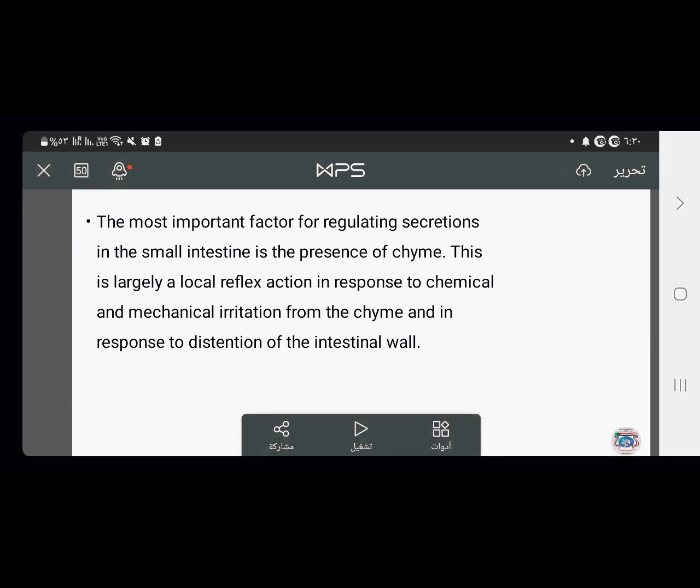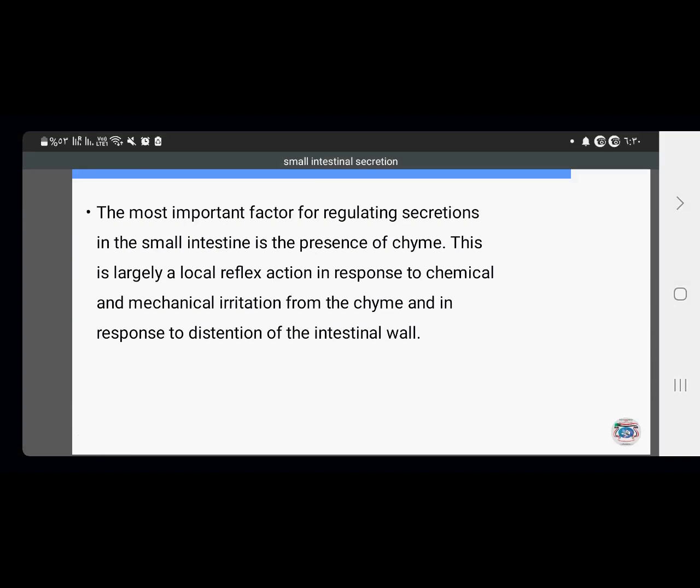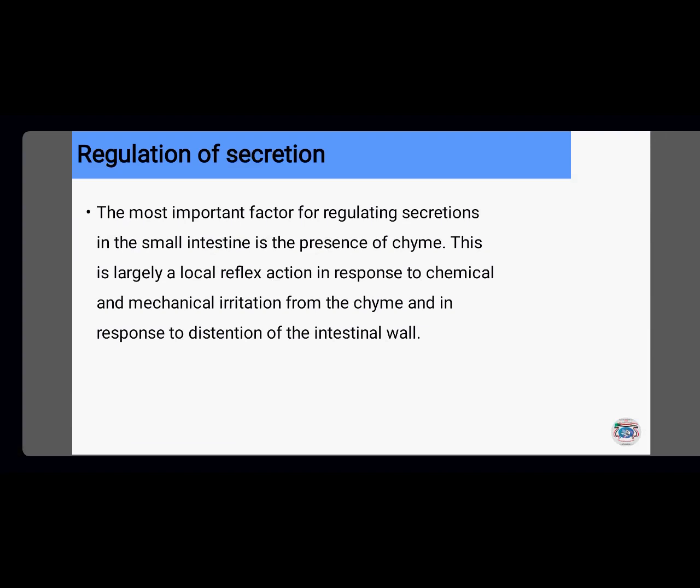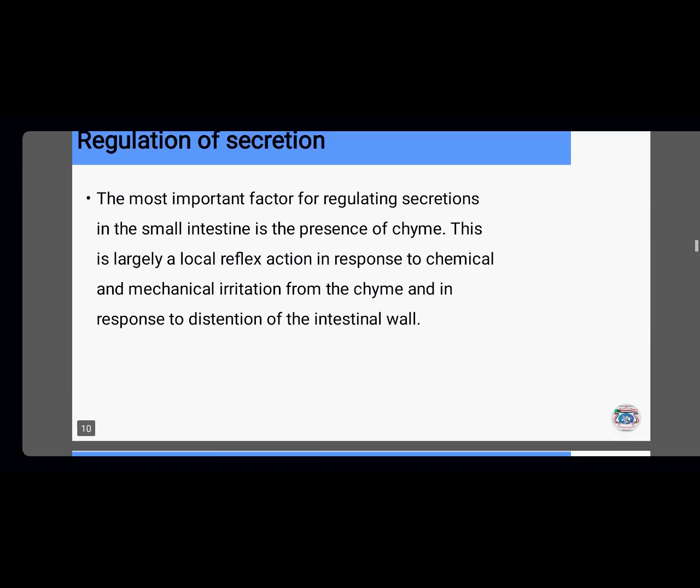As you know, one property of smooth muscle is stretchability and contractility. This is largely a local reflex action in response to chemical and mechanical irritation from the chyme and in response to distension of the intestinal wall. When you distend, the smooth muscle returns back to its previous condition.